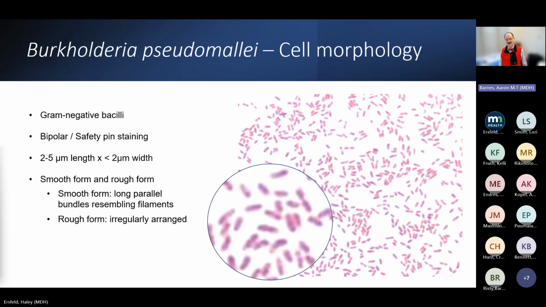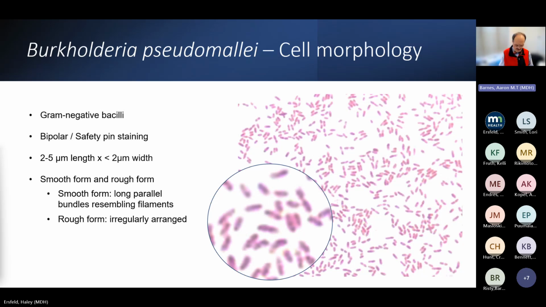So pseudomallei is different because, of course, pseudo. These are gram-negative bacilli. They have this classic bipolar, or what's called safety pin, staining. You get staining at one end of the cell and staining at the other end. They tend to be a little bit bigger. They do have 2 forms. In the smooth form, you can often get filaments. They're not shown here. They can get pretty filamentous, actually.